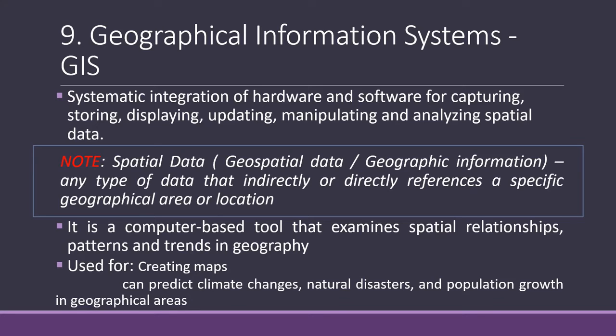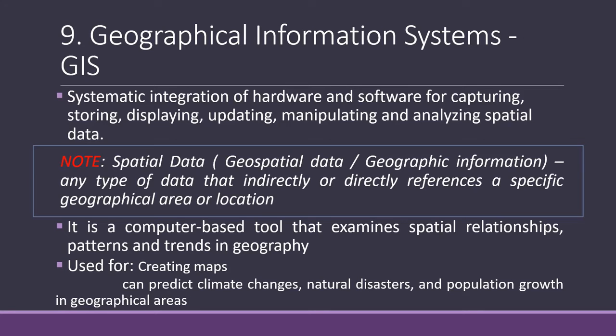So a GIS is a computer-based tool which can take spatial data, examine the data, and find the relationships, patterns, and trends in geography in order to do some specific tasks. For example, spatial data through GIS systems can be used to create maps.